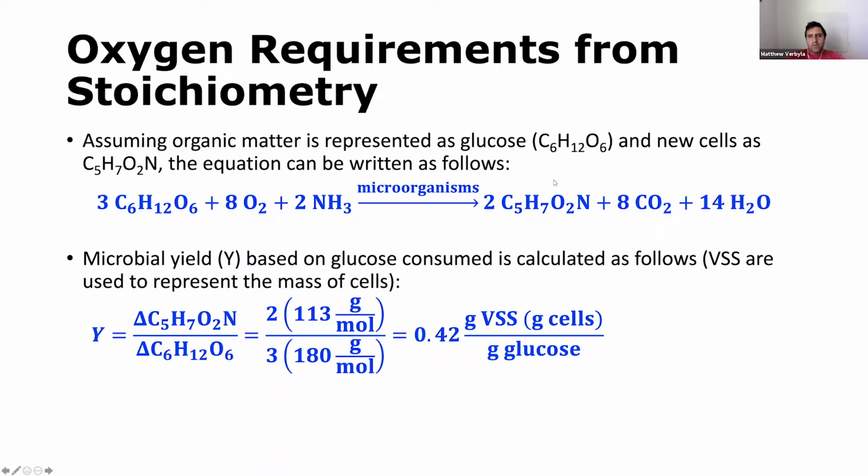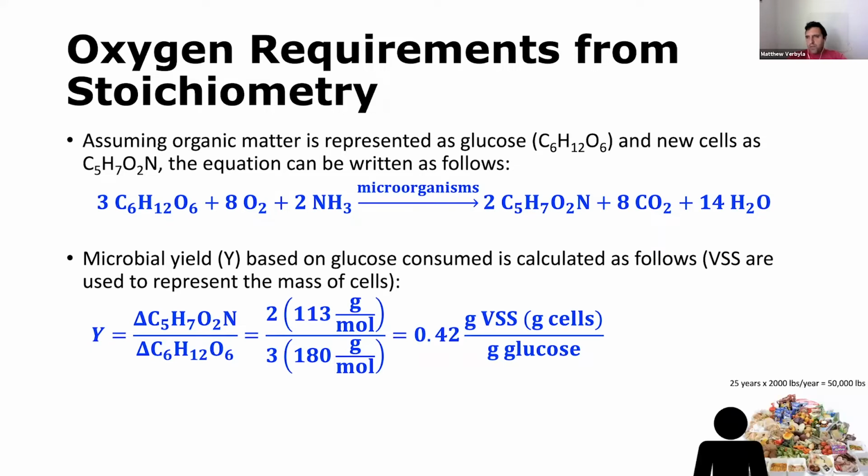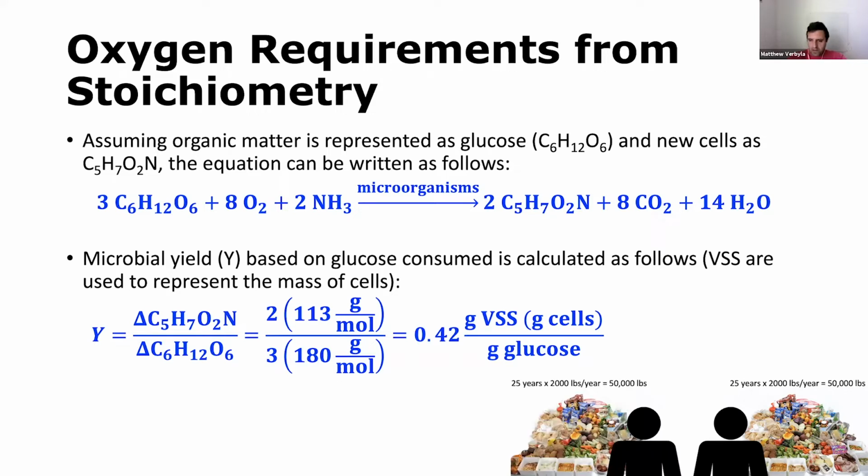All right, so 0.42 grams of bacterial cells are being produced for every gram of glucose or food being consumed by that bacteria. Let's use an analogy of humans. Right, so let's say a human over the course of 25 years consumes a total of 50,000 pounds of food, right? And another human, same thing, over the course of 25 years consumes 50,000 pounds of food.